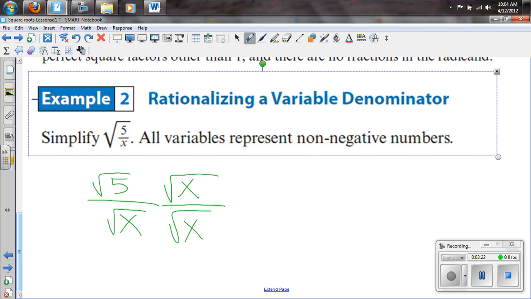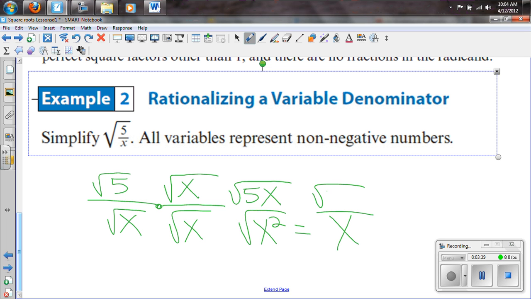And so when I do that, square root of x times square root of x is the square root of x squared, which is just x in the denominator. And on the top I have square root of 5 times square root of x, so square root of 5x. And again, we no longer have a fraction, and we no longer have any radicals in the denominator.